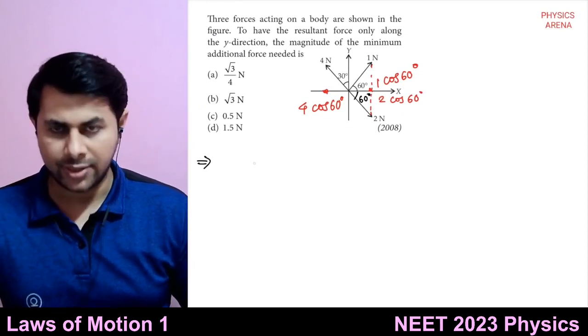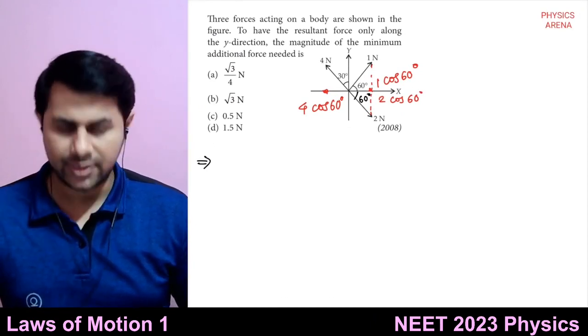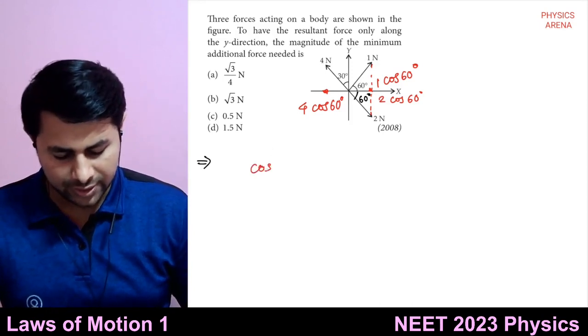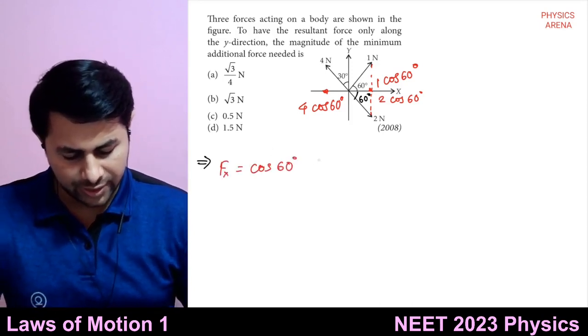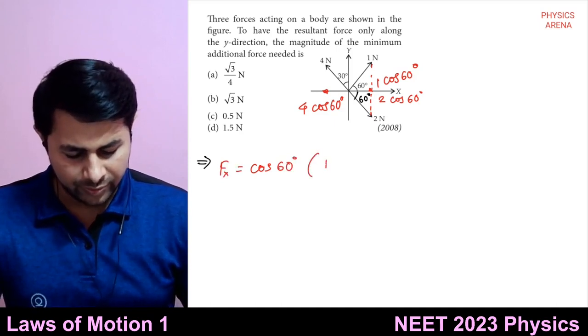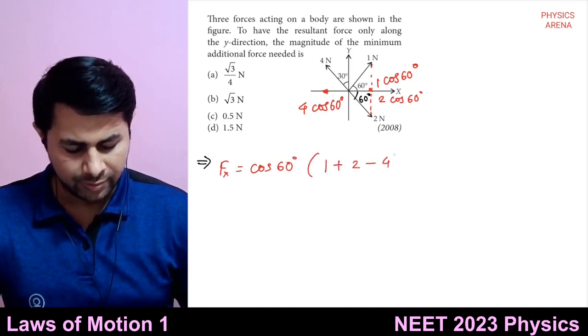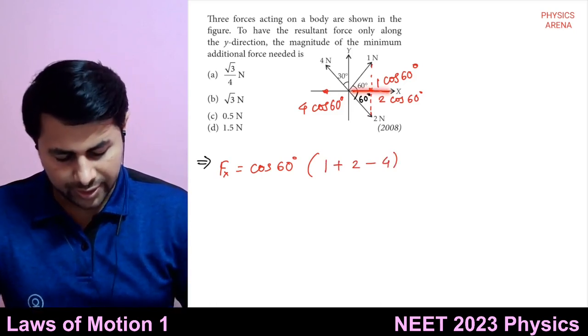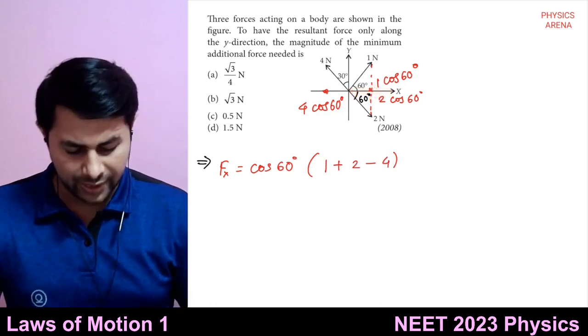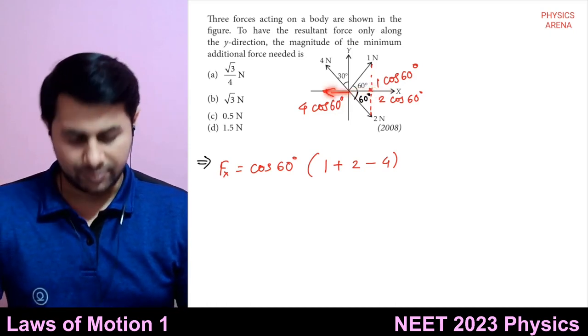Okay, so what is the net force? It is 1 cos 60, or cos 60 you can take common. So net force in x direction is cos 60 multiplied with 1 plus 2 minus 4, right? Because these components are towards right, this one is towards left.